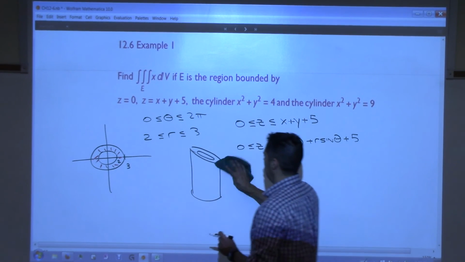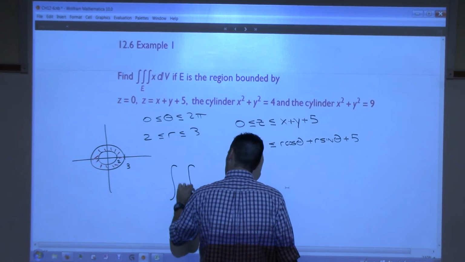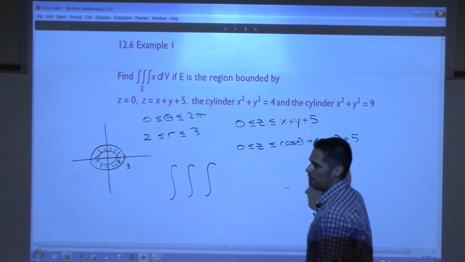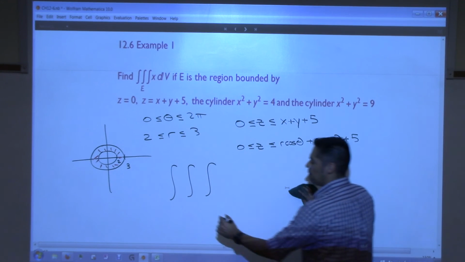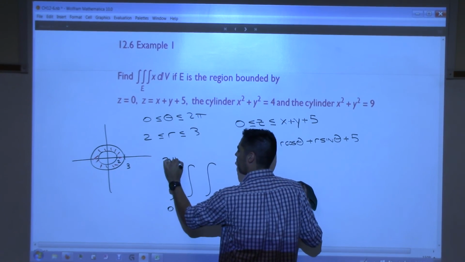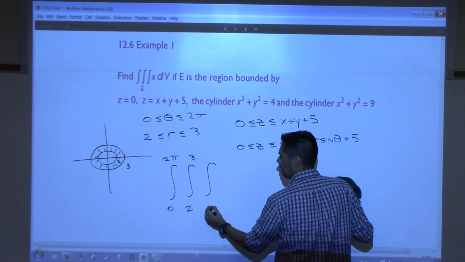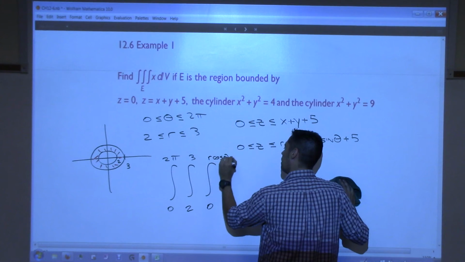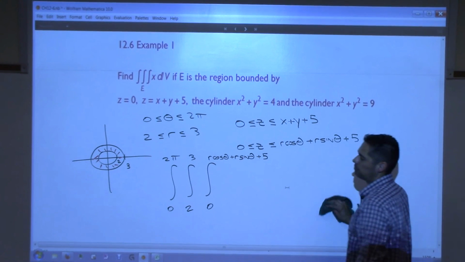So my integral will go triple. You want to go 0 to pi, 2 to 3, 0 to all that nasty stuff, r cosine theta plus r sine theta plus 5.